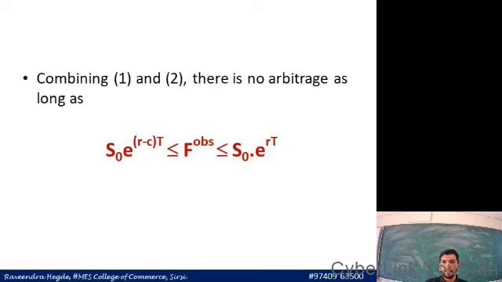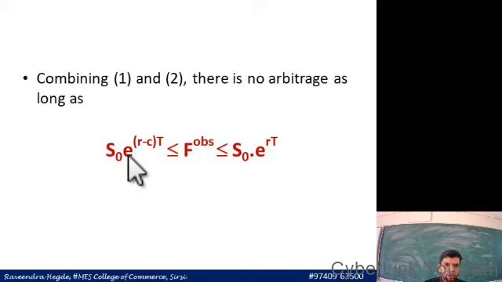So combining equations 1 and 2, there is no arbitrage as long as F_obs lies between the two factors S naught e raised to (r minus c) into t and S naught e raised to rt. So the observed forward price should be less than or equal to S naught e raised to rt, and it must be greater than or equal to S naught e raised to (r minus c) into t.